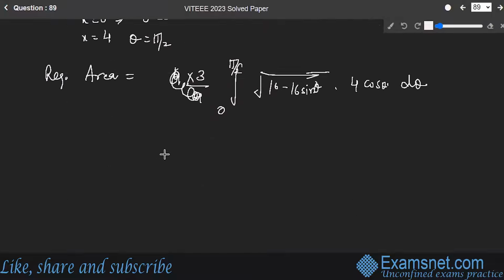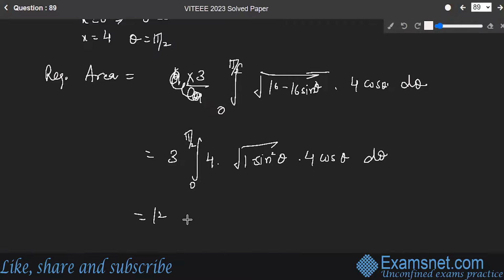This makes it 3 integral 0 to pi by 2. So root 16 will be taken outside. This is root of 1 minus sine square theta into 4 cos theta into d theta. This is equal to 12 integral 0 to pi by 2 of cos theta, and 4 is again taken outside, so cos square theta d theta.